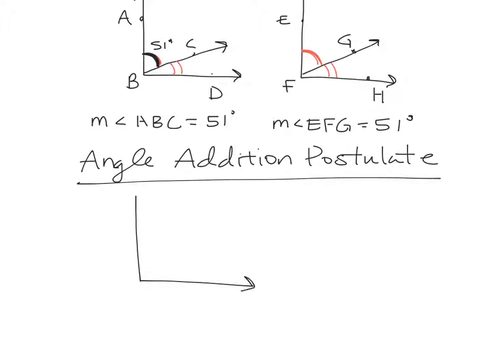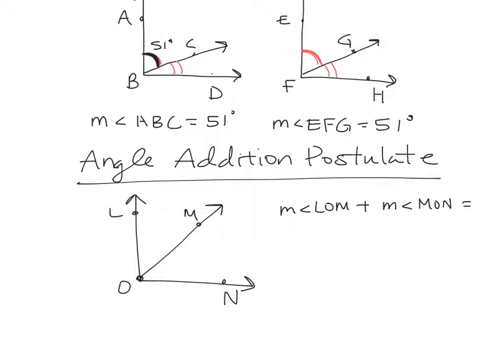Let's say we have this set up. This is L, M, N, and O. Basically, angle addition is saying the measure of angle LOM plus the measure of angle MON will equal the measure of what?